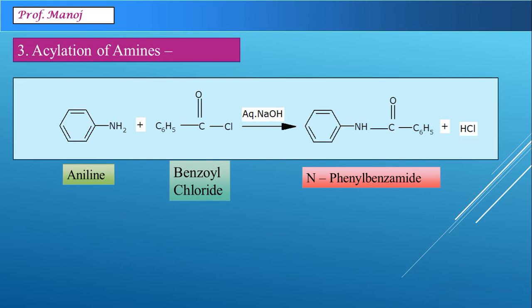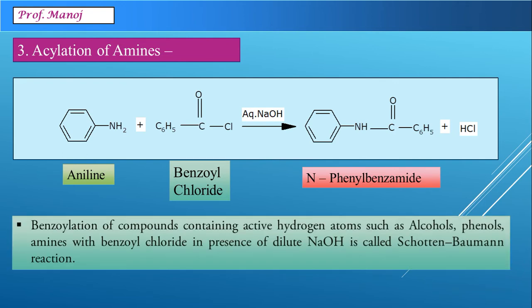Now the difference you can see here is that instead of acetyl chloride or acetic anhydride, we are using benzoyl chloride. Benzoylation of compounds containing active hydrogen atoms like alcohols, phenols or amines in the presence of NaOH is called the Schotten-Baumann reaction. So the reaction we are looking at right now is the Schotten-Baumann reaction.